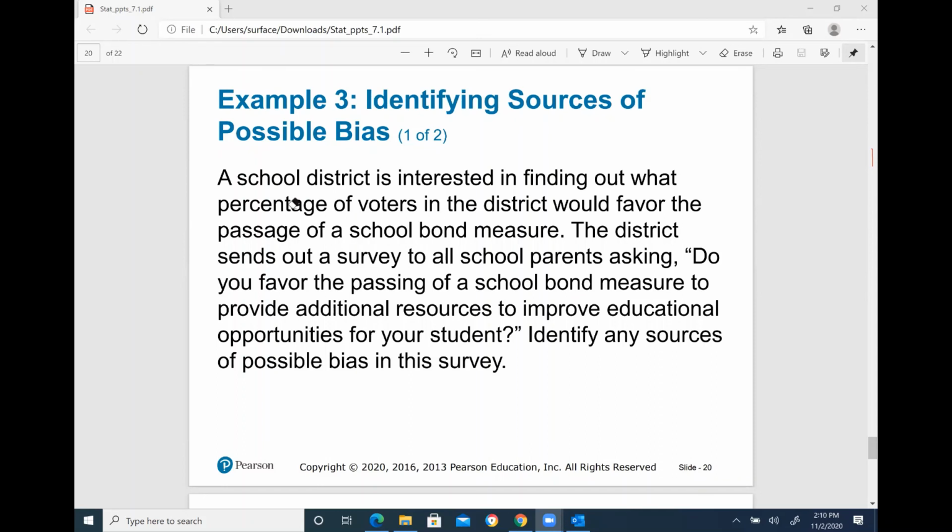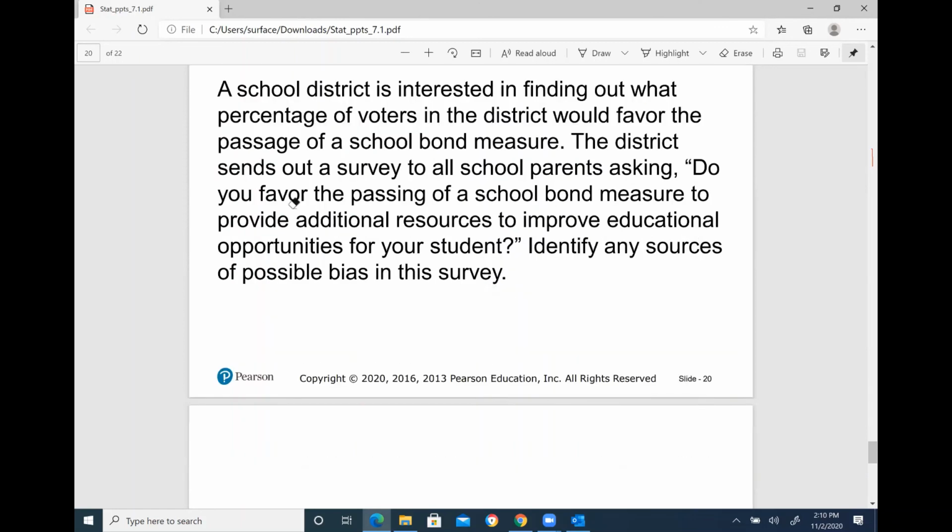So here, identify any sources of possible bias in the survey. To me, I think it's about wording. Language is not applicable for all parents. It's up to you. You can estimate, you can guess, but usually this is related to wording and language.